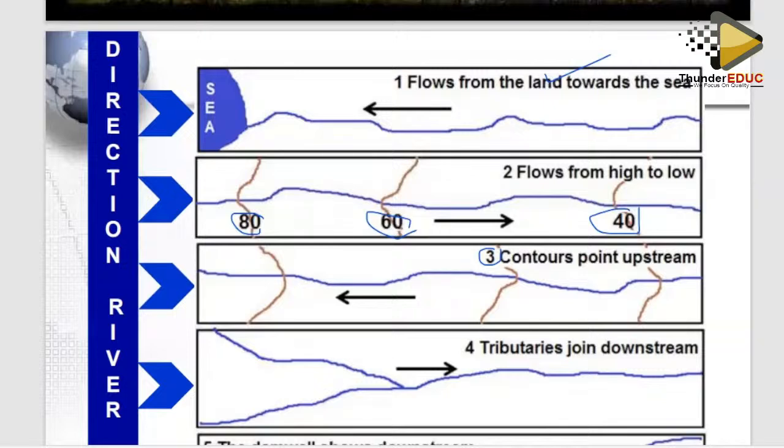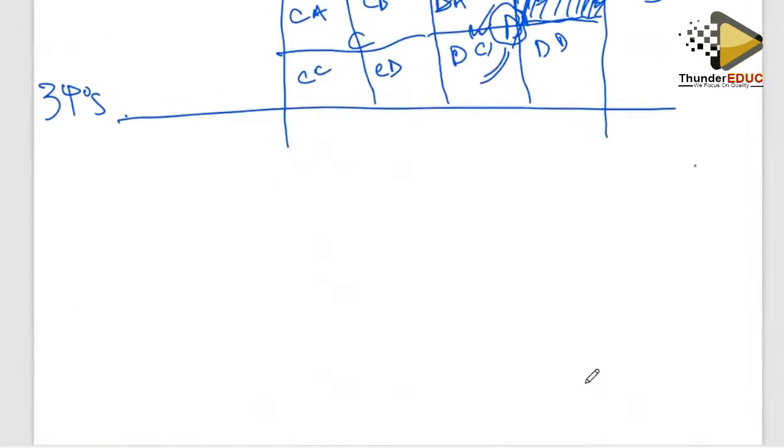Right, let me try to illustrate and give you the justification of why the contour lines will point upstream. Right, I will go to my illustration board here and try to make some illustration.